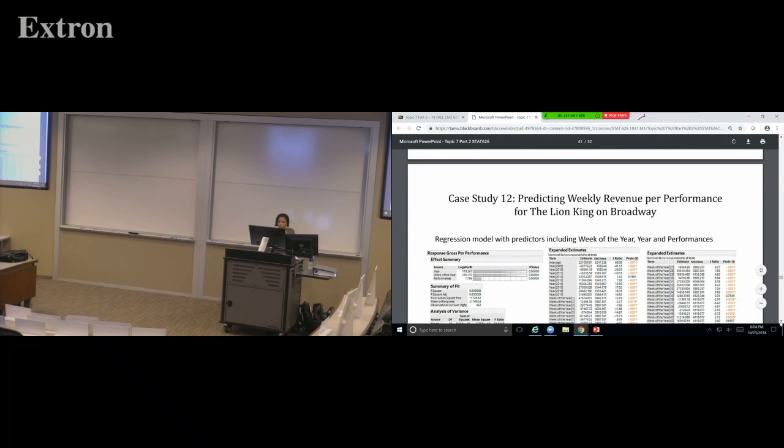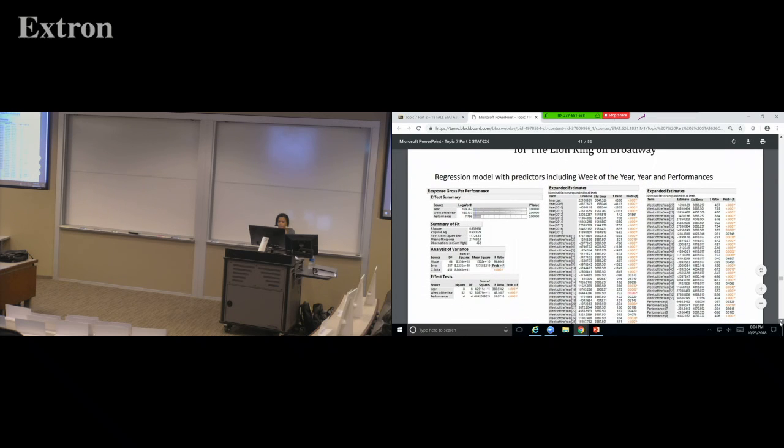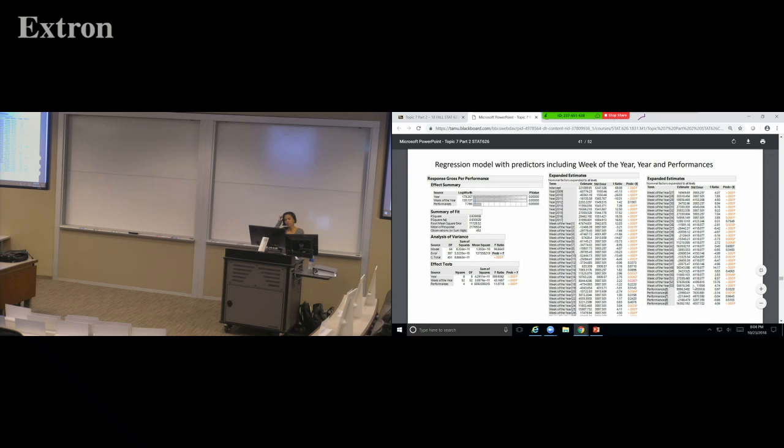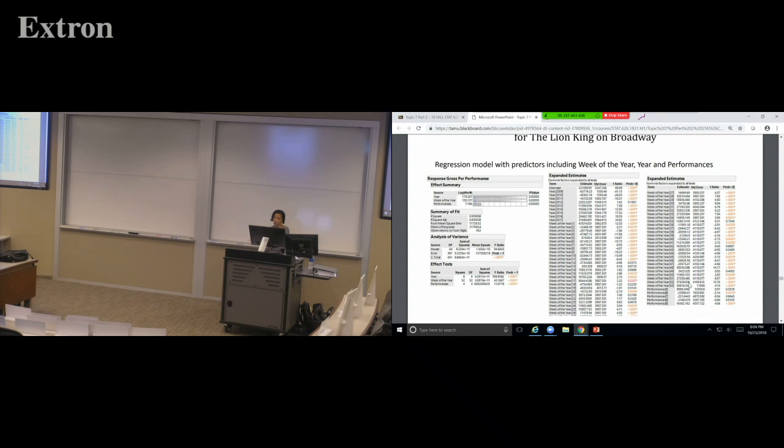So first step, when you're trying to create a regression model with ARMA errors, take a look at the regression model. Okay, so here we fit the regression model using the predictors, which are week of the year, year, and performances.